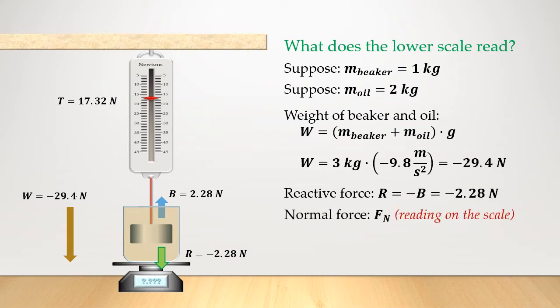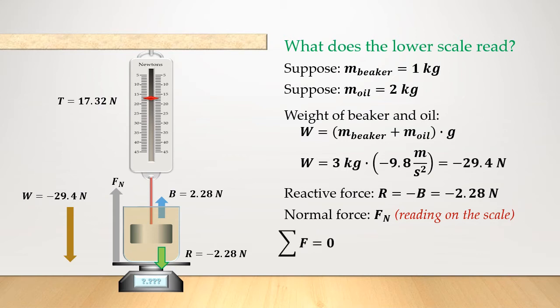Now we're going to have one more force, and this one may not be so obvious, but it is the force that's pushing up from the surface of the spring scale. We call that a normal force, normal meaning perpendicular to a surface. And so that's going to be F sub n. And that force is going to be the force that the scale reads.